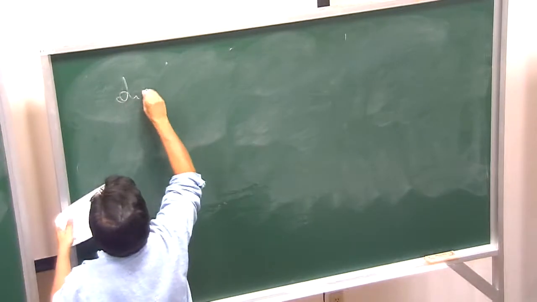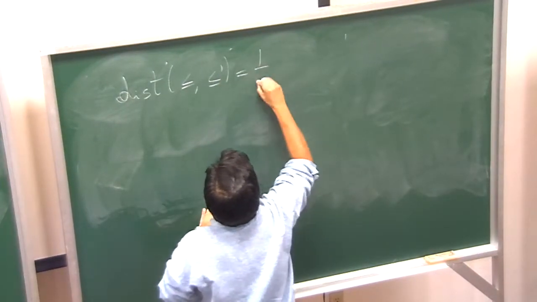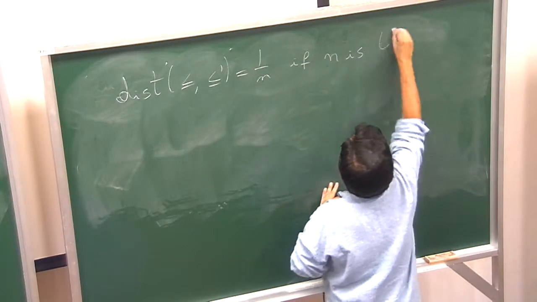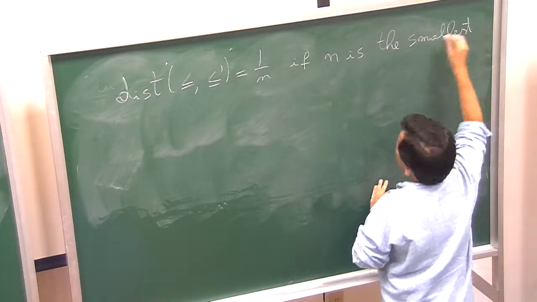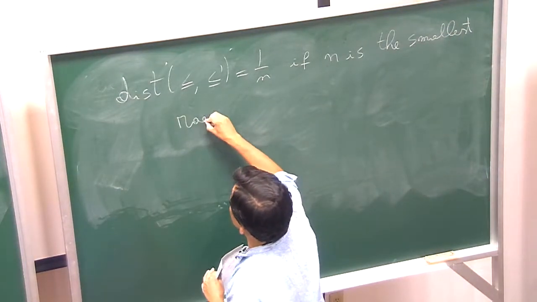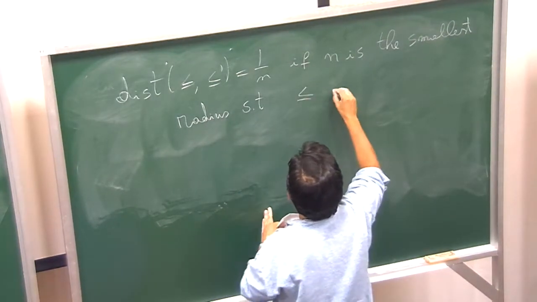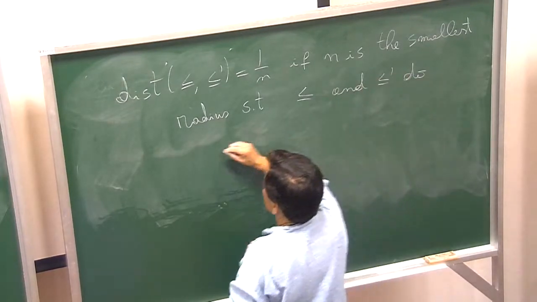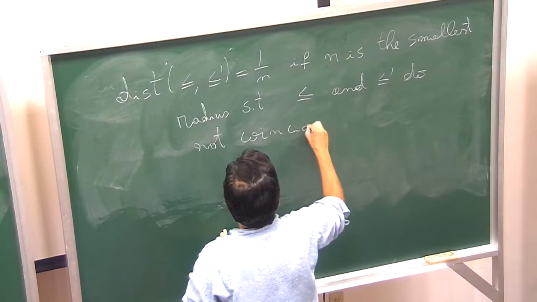So the distance between two different orders will be 1 over n if n is the smallest radius such that the orders do not coincide on the ball.